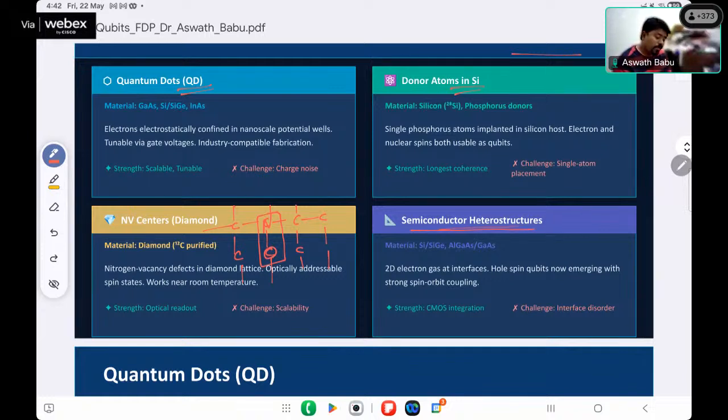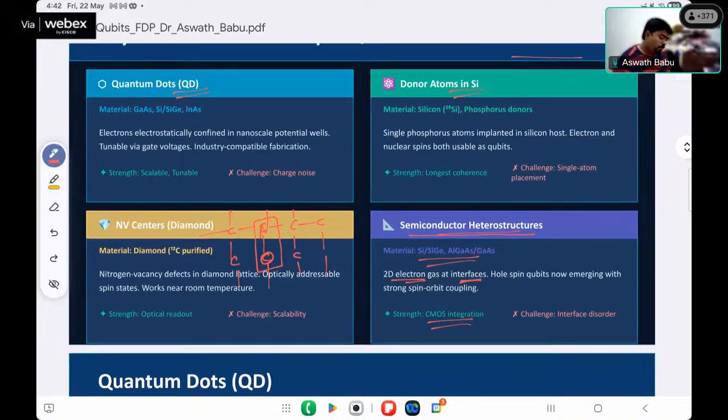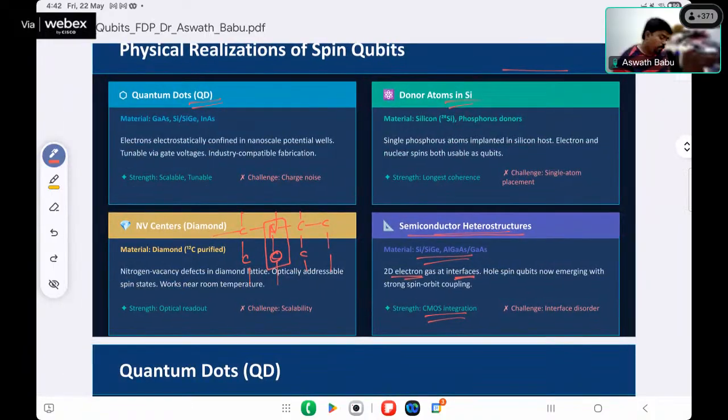Take combinations of semiconductors and you can create a 2D electron gas, and hole spin qubits emerge with a strong spin orbit coupling. So the rotational dynamics and spin dynamics couple, and it creates semiconductor heterostructures, which have very good CMOS FET integration. So these are the various physical realizations of spin qubits.